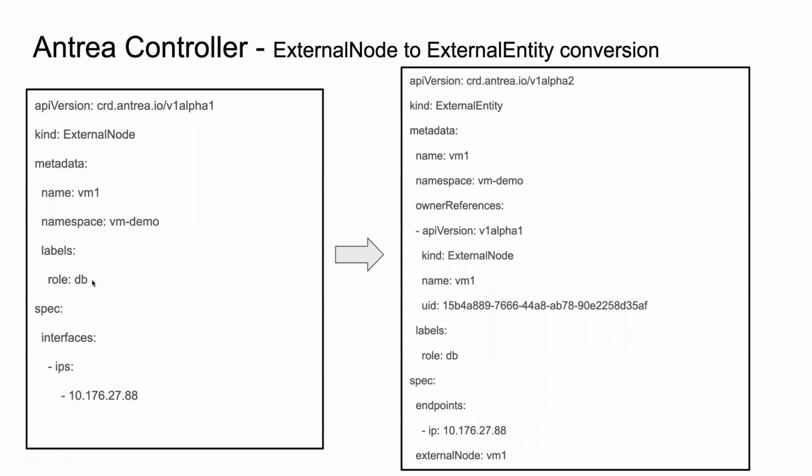As currently, we only support one interface per node, so currently external node and external entity is a one-to-one mapping. Yeah, if there is no question for the conversion here, I will go ahead.